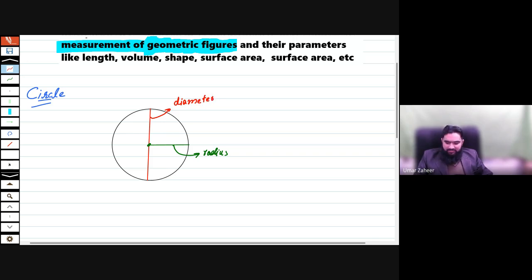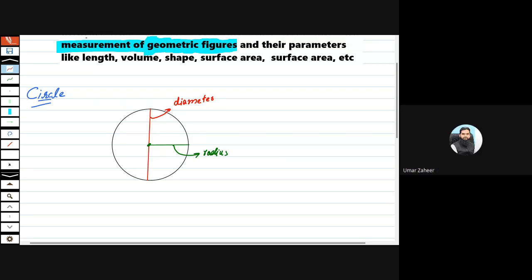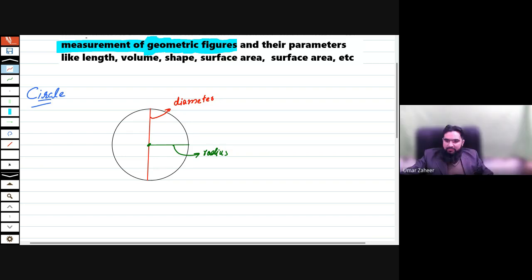What is the relation between the diameter and the radius? Is there any relation between diameter and radius? So the radius is half of the diameter. Yes, the radius is half of the diameter, or in other words, the diameter is two times the radius.